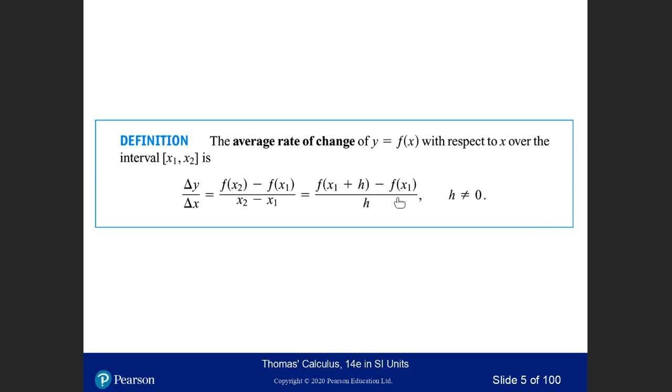So delta y over delta x gives you the average rate of change. Here, of course, h is not equal to 0, because if h is equal to 0, this is 0 divided by 0, which is not a real number. So we won't get h to 0, but we can get very close to 0. As long as this is not 0, there's no problem.